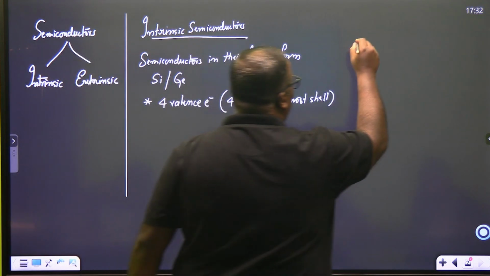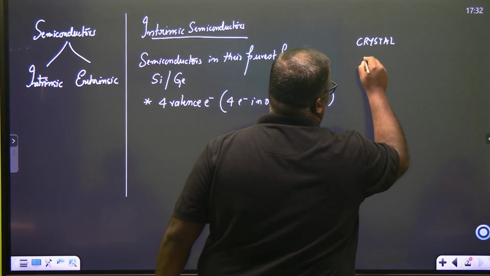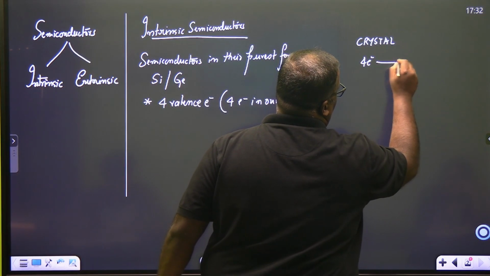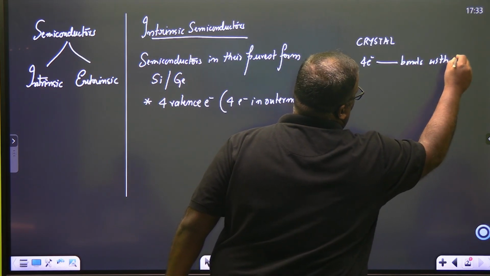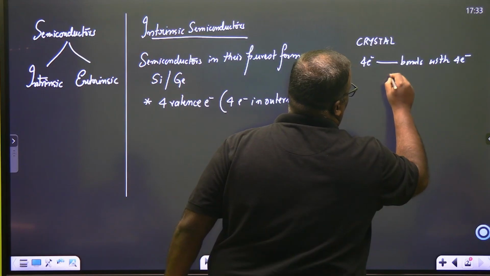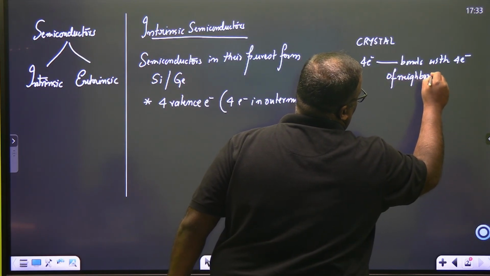Now, when you look into a crystal, 4 electrons bond with 4 electrons of neighboring atoms. Have you understood this or not?